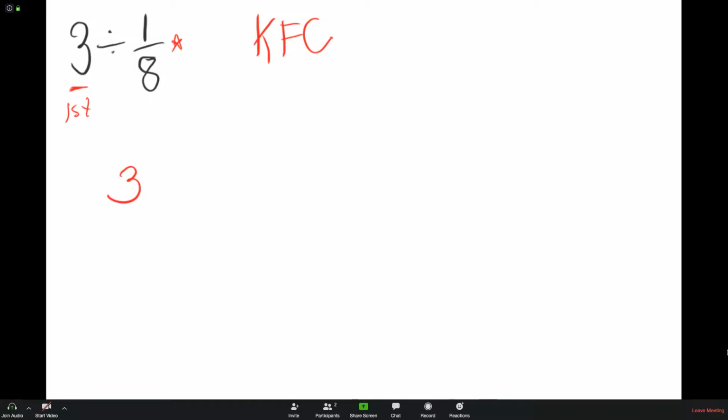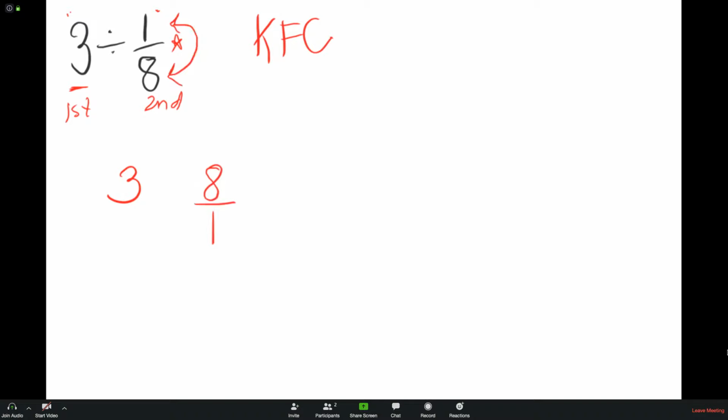Then F means to flip the second term. So in this problem, here's the first, here's the second. So the 1 over 8 is going to have to flip. We're going to have to find the reciprocal of 1 over 8, which becomes 8 over 1. So these flip, okay?